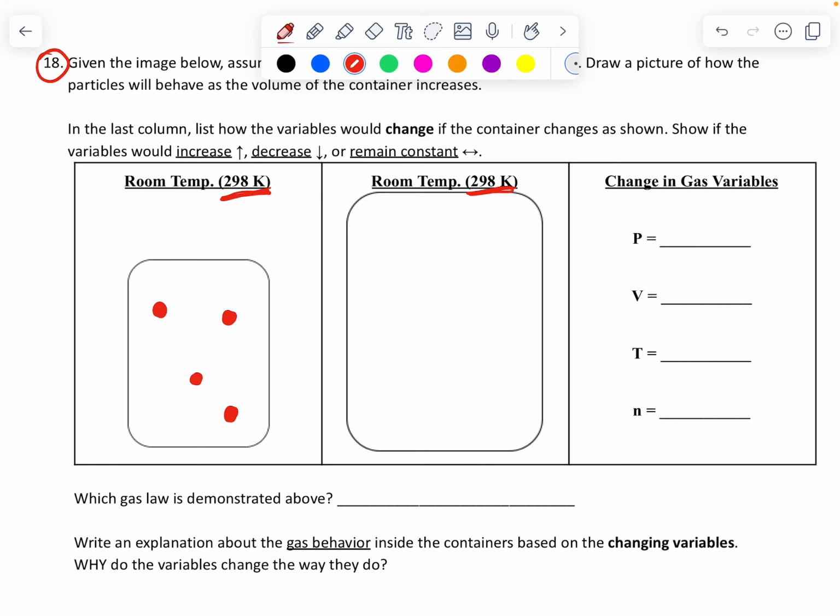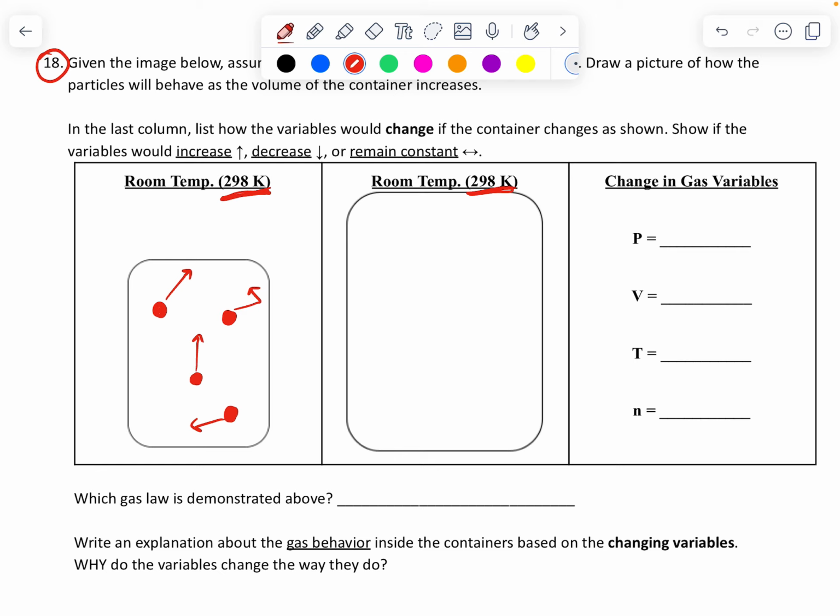Because we're not lowering or heating up the temperature. So the speed is going to be all the same. So for the length of the arrow, I'm just going to draw short arrows because at room temperature they're not moving as fast as when they're heated up. So something like this, something like this, something like this, okay?